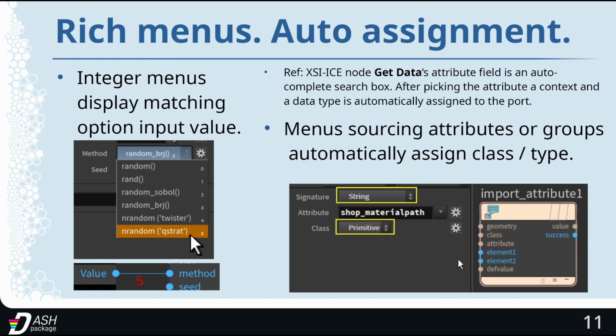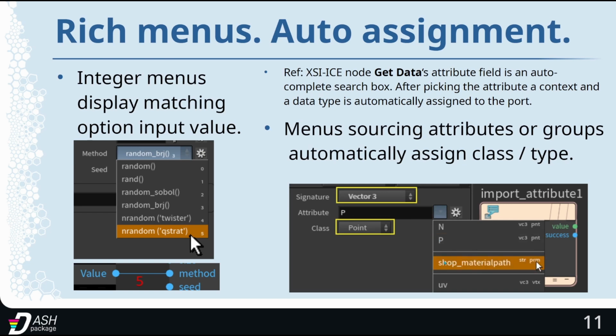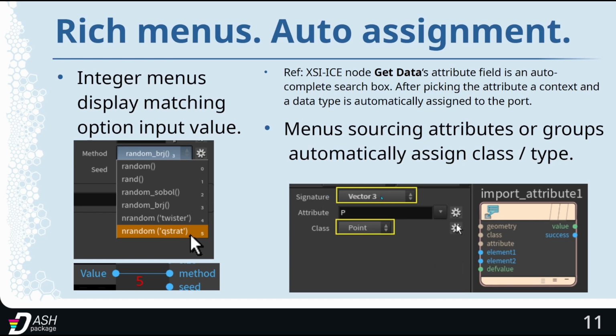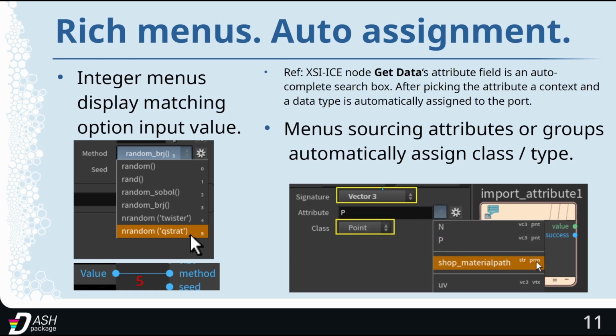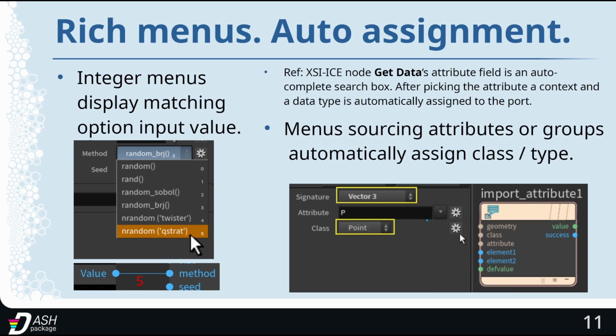What I'm doing here is listing all the attributes present in the geometry. This avoids typos, but it also automatically picks the data type and the class of that attribute. So hopefully, again, this speeds things up with less clicking and less going through menus to set something that is already known.